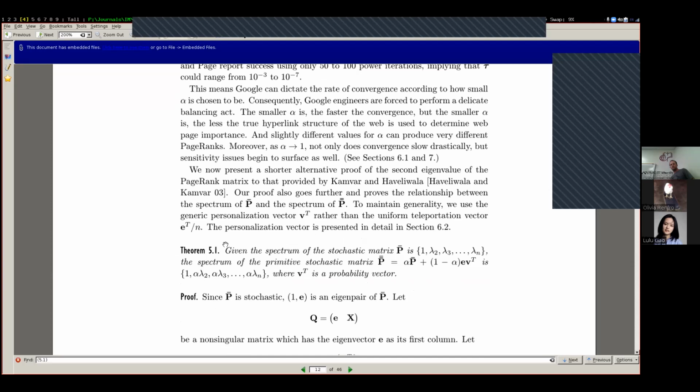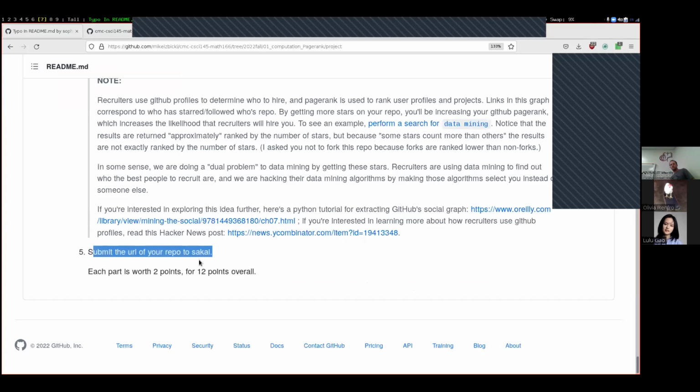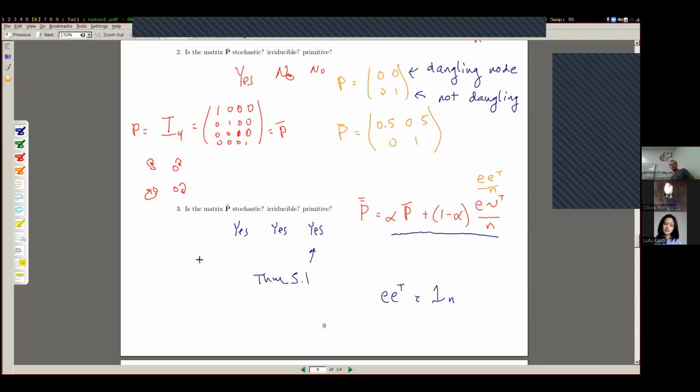Some of the problems will be greatly aided by knowing the statement of theorem 5.1 here. So the reason we did all these things to the original P matrix was to get that stochasticity and primitivity to our matrix. Any questions about any of that?